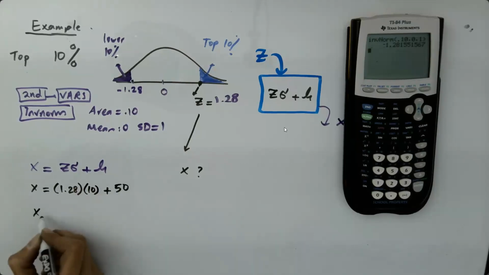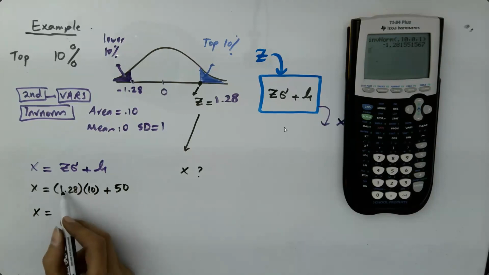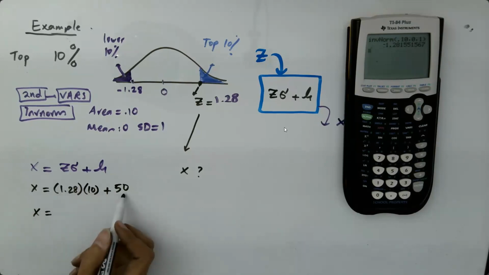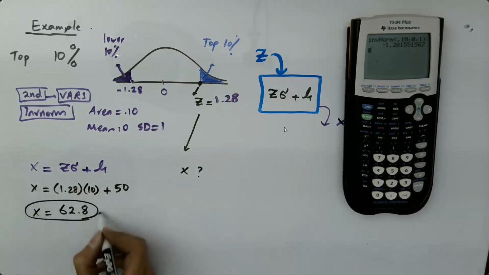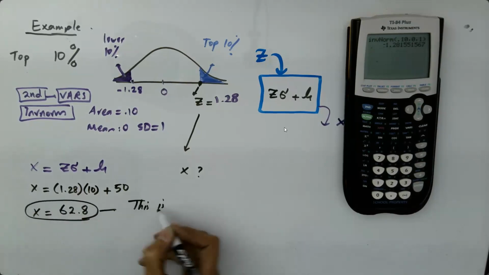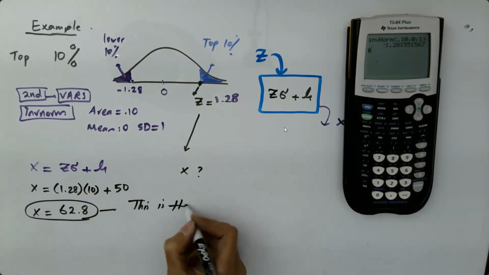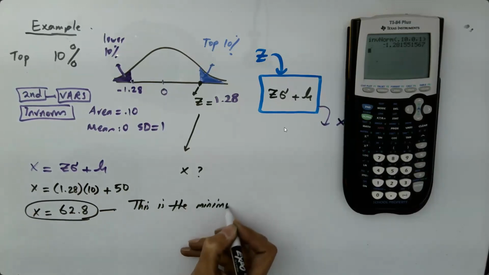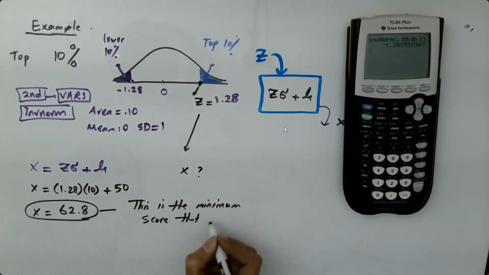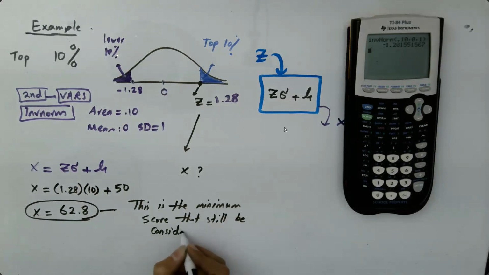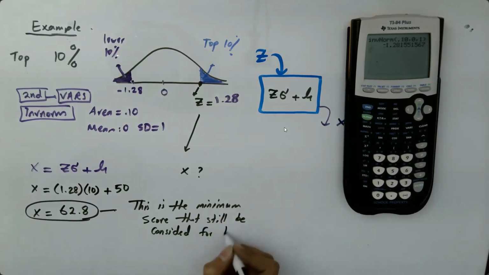If we multiply these two numbers and add 50, you get 62.8. So this is the minimum score that will still be considered for hiring.